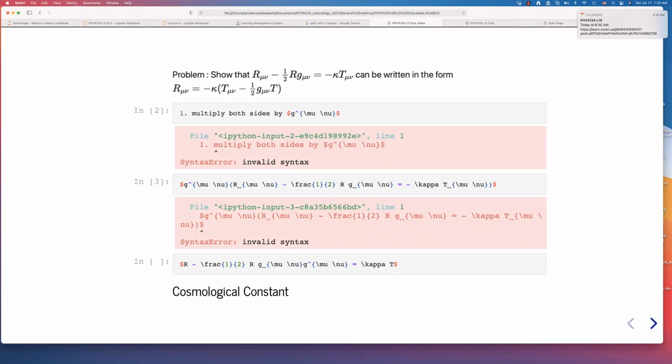Right, now the next thing is a problem for you, that is to show that this Einstein equation R mu nu minus half g mu nu R will be equal to minus K T mu nu can be written in the form that is given here, right?